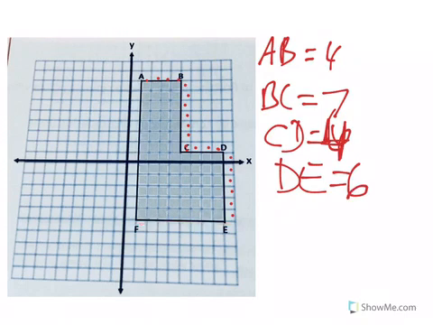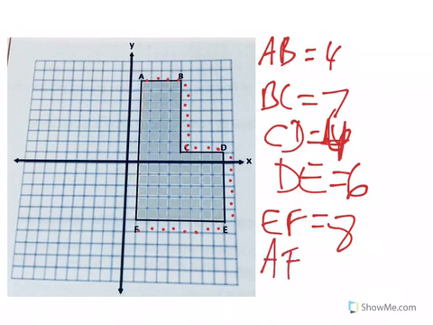We're going E to F. We're going 1, 2, 3, 4, 5, 6, 7, 8. And then to go from A to F, we're going to go all the way down. We're going to go 1, 2, 3, 4, 5, 6, 7, 8, 9, 10, 11, 12, 13.